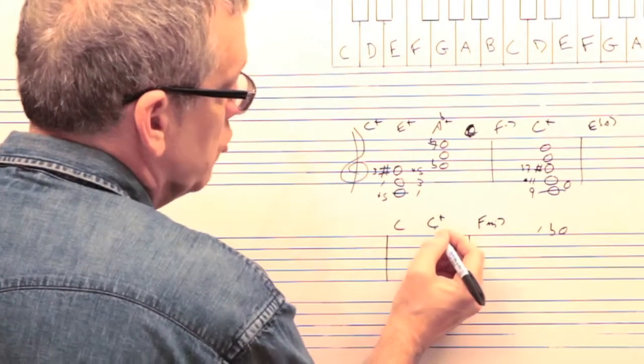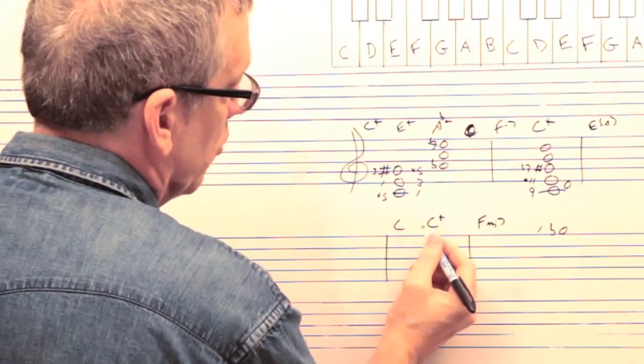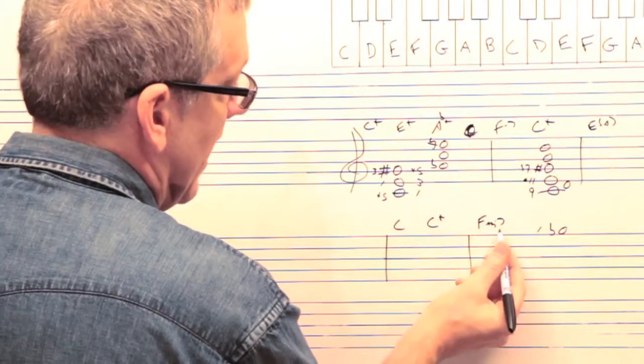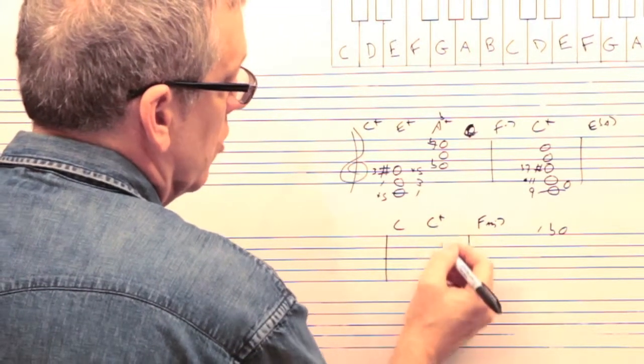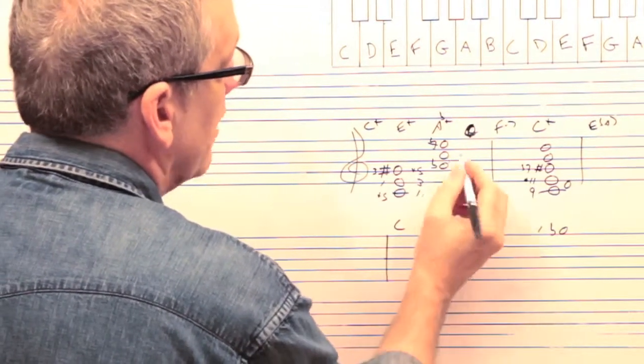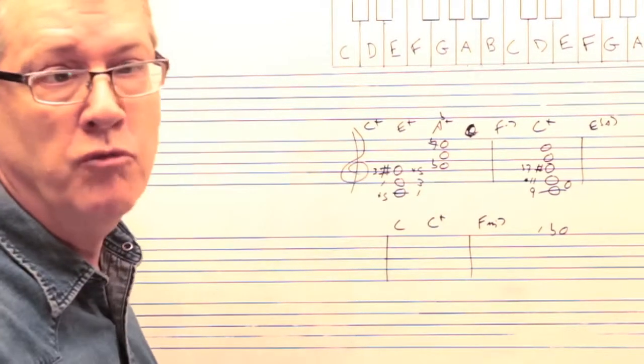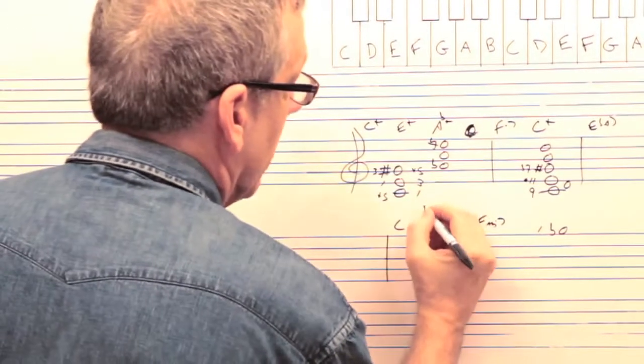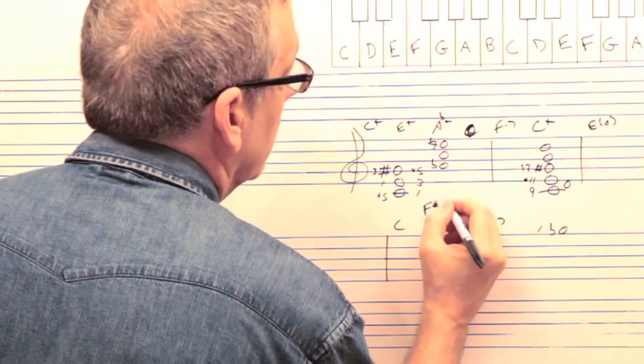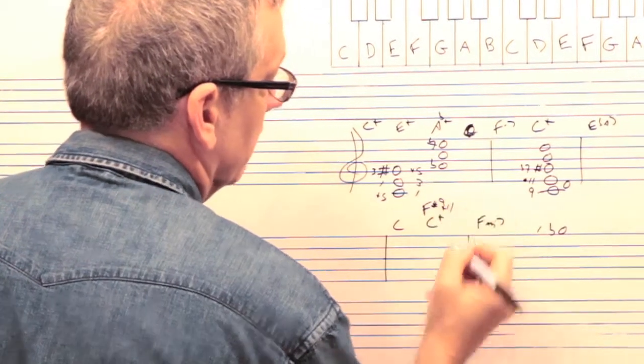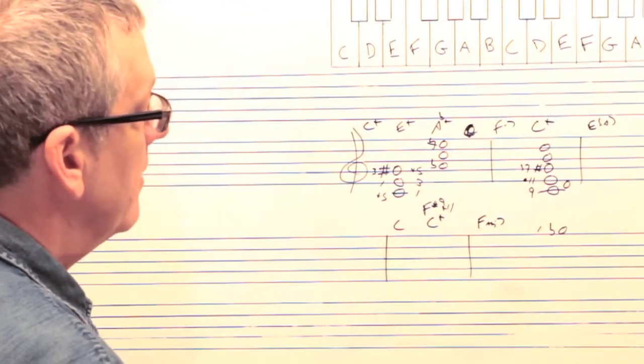So the best movement for C augmented to F would be an F sharp. So what I would do is take my A flat and move that down a whole step, and now I have F sharp 9 plus 11. That's what we have.